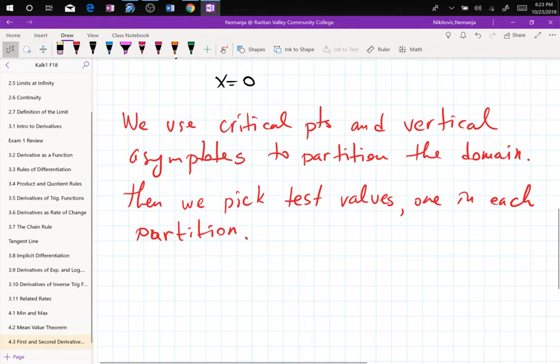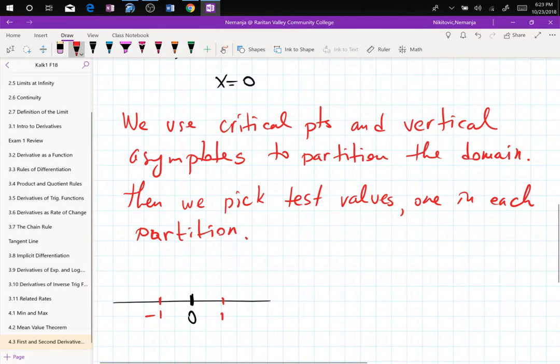So here it is visually. 0. So now I pick -1 and +1, a value in each of the partitions. A partition is a part of the whole.